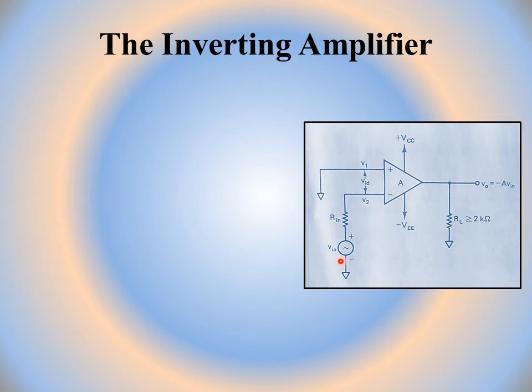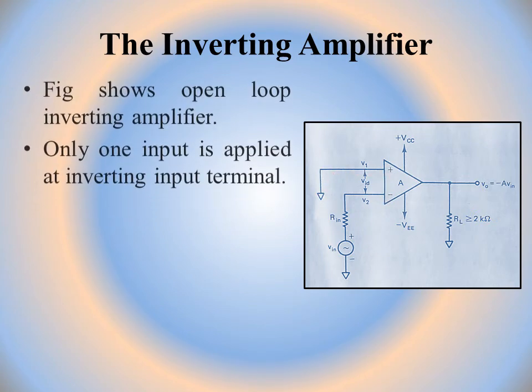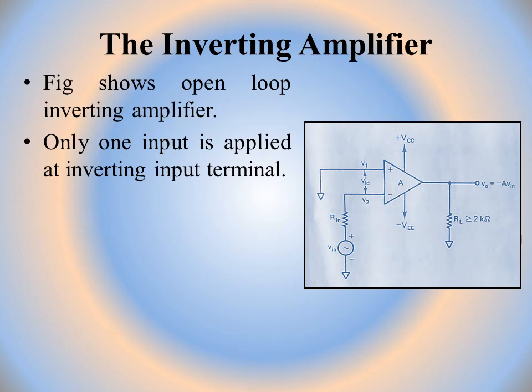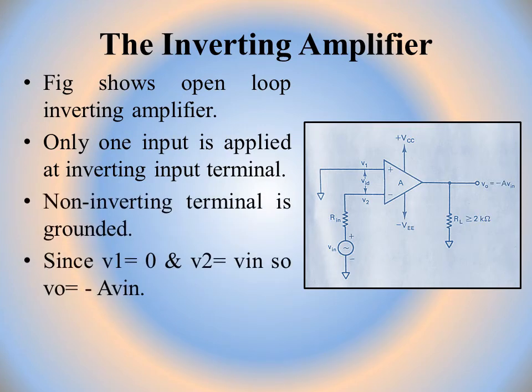So there is only one input signal applied to the minus end and the plus end is grounded. The figure shows an open loop inverting amplifier. Only one input is applied at the inverting input terminal. The non-inverting terminal is grounded.